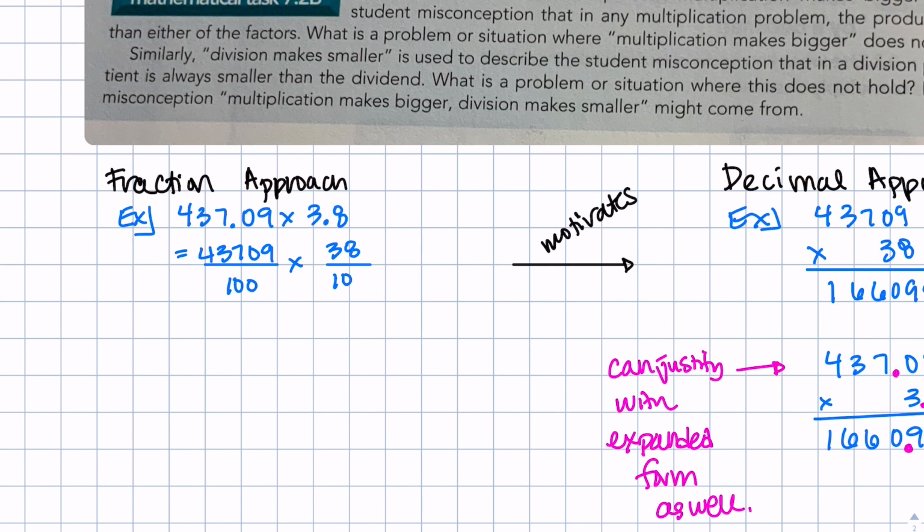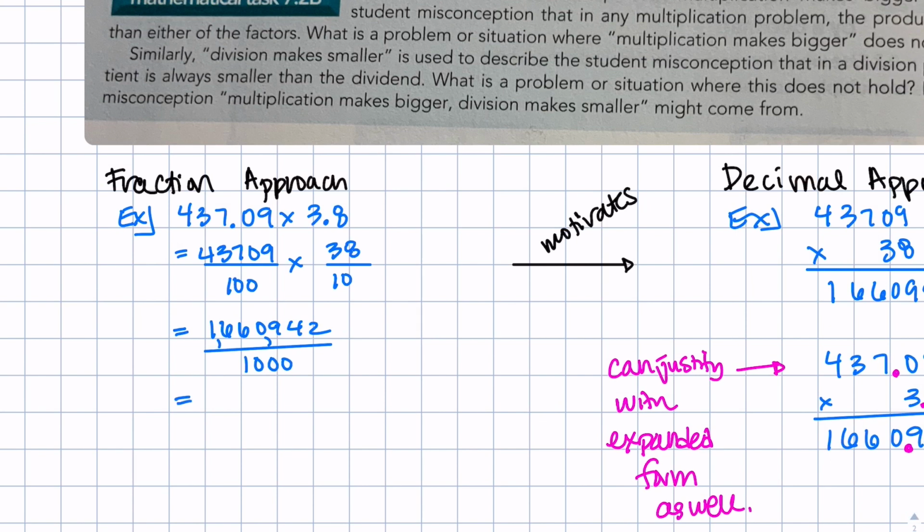Now, of course, with multiplication, we don't need to worry about finding a common denominator. We are mostly concerned with that for addition and subtraction. With multiplication, when I have two fractions, I just multiply across. So I multiply my numerators, I multiply my denominators. And when I multiply my numerators, I get this huge number, 1,660,942, all over 1,000.